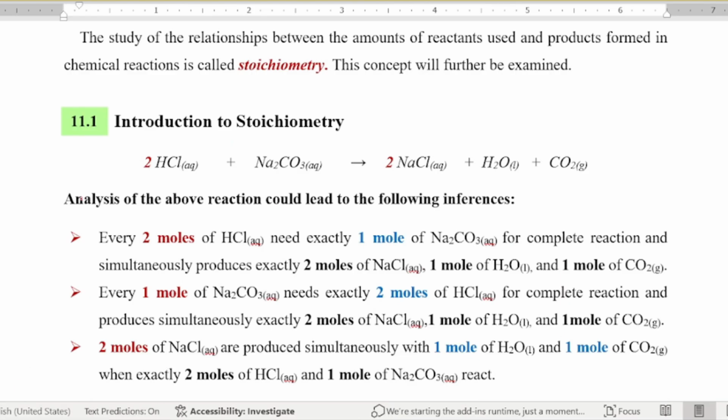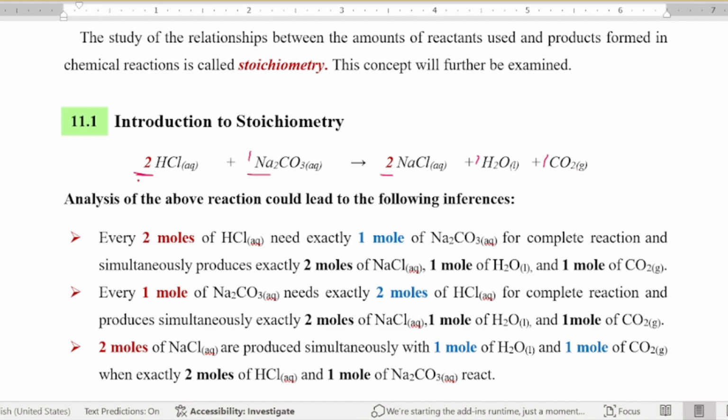What we can say here is this. We can see that every 2 moles of hydrochloric acid requires exactly 1 mole of sodium carbonate to produce simultaneously 2 moles of sodium chloride, 1 mole of water, and 1 mole of carbon dioxide.